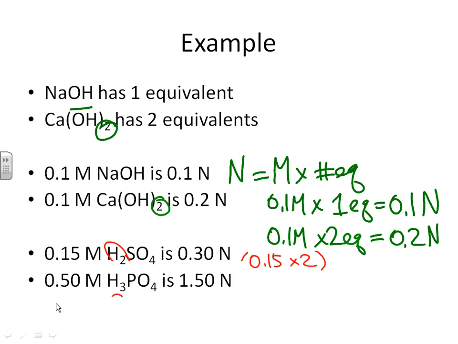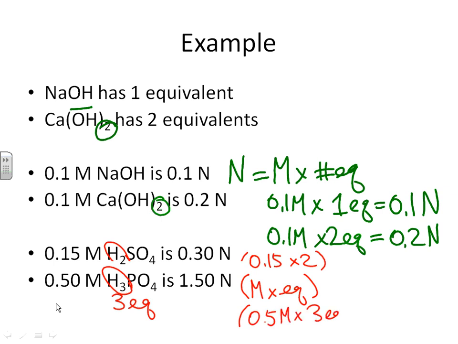There are 3 equivalents in H3PO4 coming from the 3 hydrogens that it's capable of donating. So in order to calculate normality, I am doing molarity times equivalents. So 0.5 molar times 3 equivalents gives me the 1.5 normal solution.